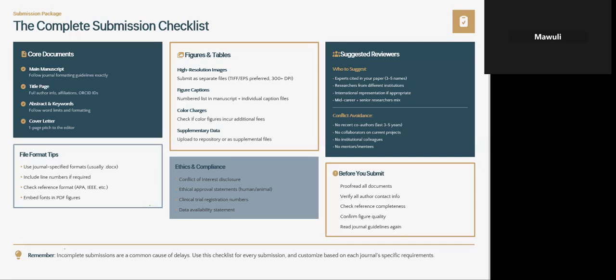And the conflict of interest, you must declare, as he has said. Your cover letter, he has eloquently explained that. Then the declaration and highlights. Some journals will say in 80 or not more than 80 words, provide highlights of your paper.